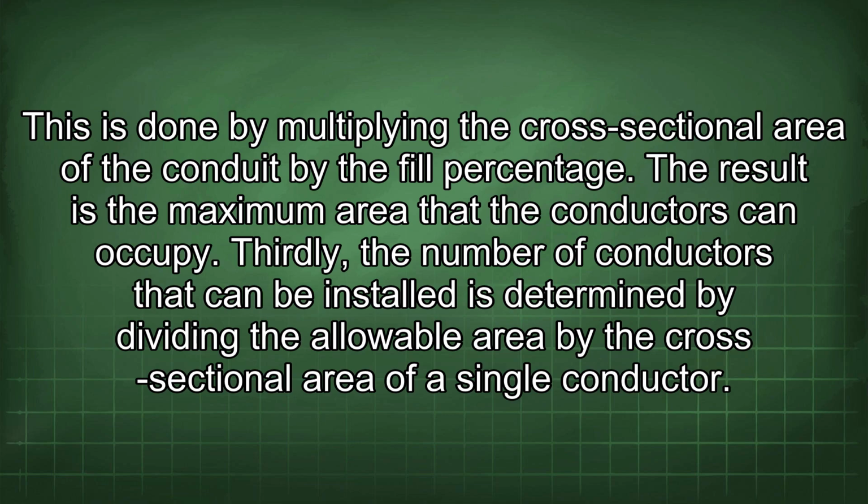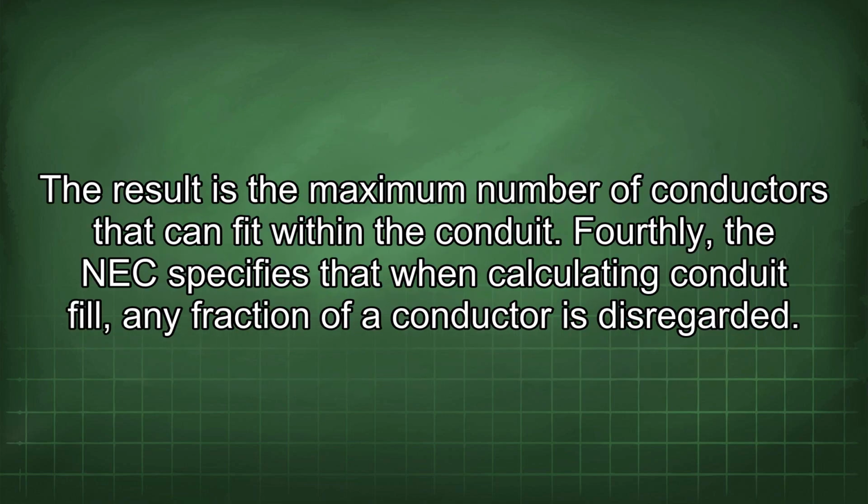Thirdly, the number of conductors that can be installed is determined by dividing the allowable area by the cross-sectional area of a single conductor. The result is the maximum number of conductors that can fit within the conduit. Fourthly, the NEC specifies that when calculating conduit fill, any fraction of a conductor is disregarded.